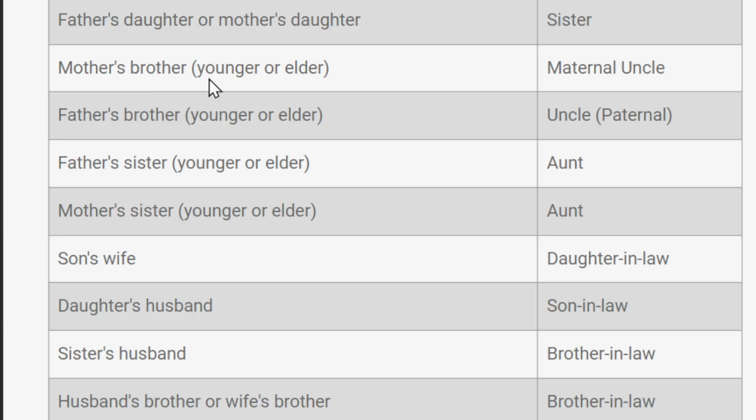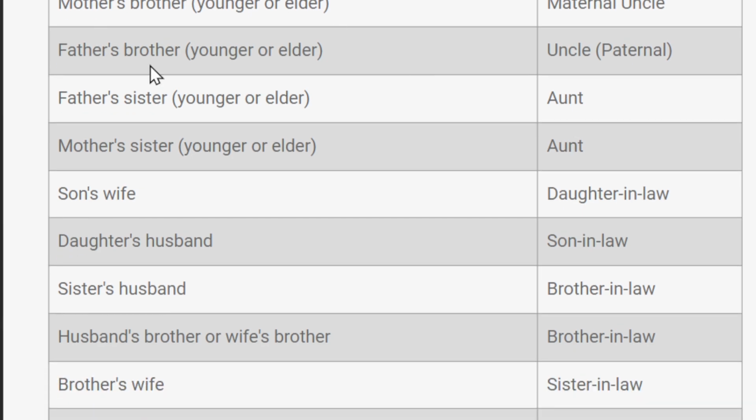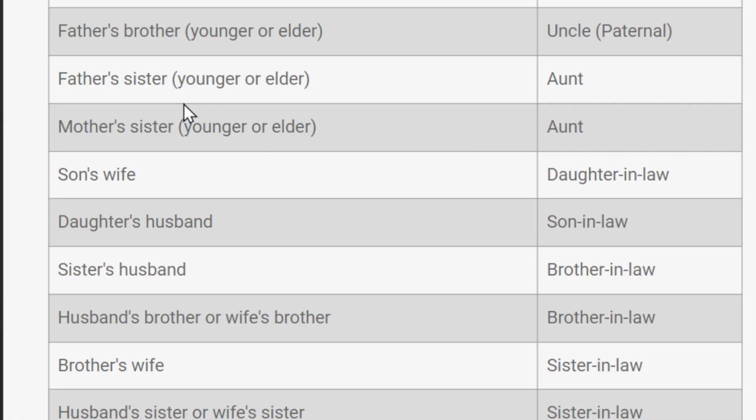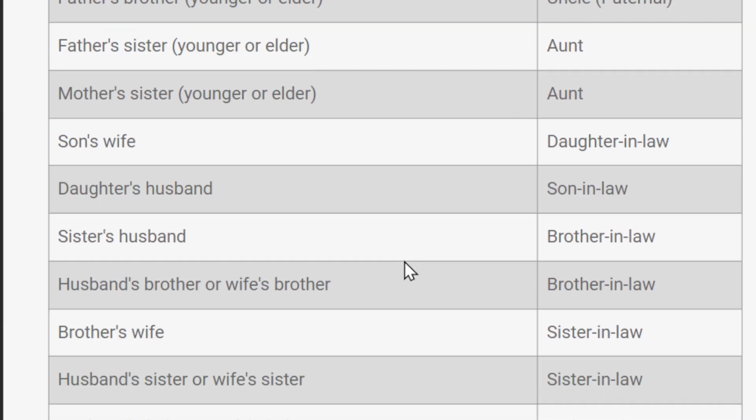Mother's brother, younger or elder, is your maternal uncle. Father's brother, younger or elder, is uncle, paternal. Father's sister, it can be younger or elder, is auntie.